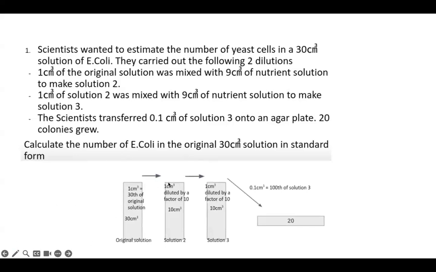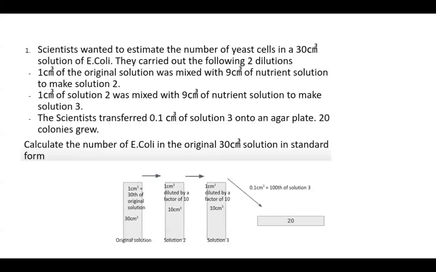Okay, I know people got a bit confused from the last one. So this one, I've got more of a picture here, so I'm hoping this might help you imagine the steps a little bit better. We have 1 centimeter cubed in our original solution, and we're taking out a 30th of that. Because we've got 30 centimeters cubed and we're taking out 1 centimeter cubed, we're taking out a 30th.